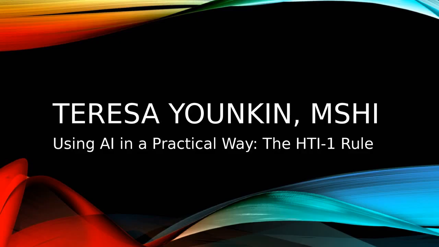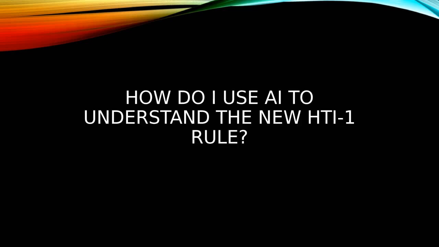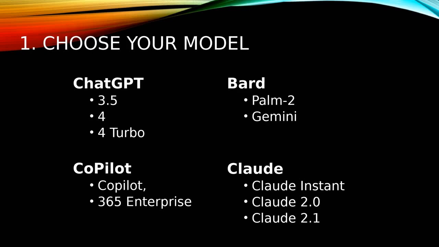All right, using AI in a practical way, the HTI-1 rule. The question is, of course, how do I use AI to understand this new rule? Because we always know that these rules are not small. Number one, what you're going to need to do is choose your model. There are lots of different models.